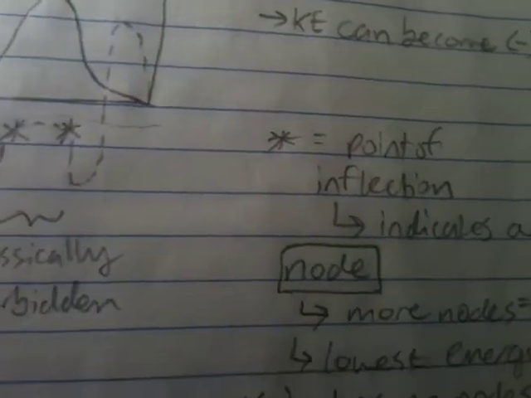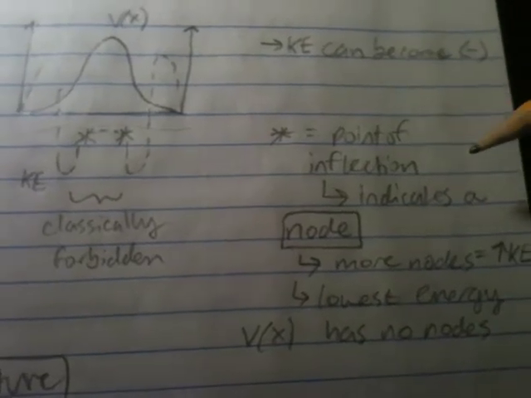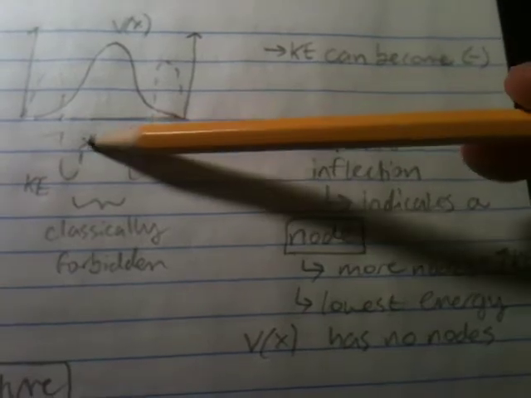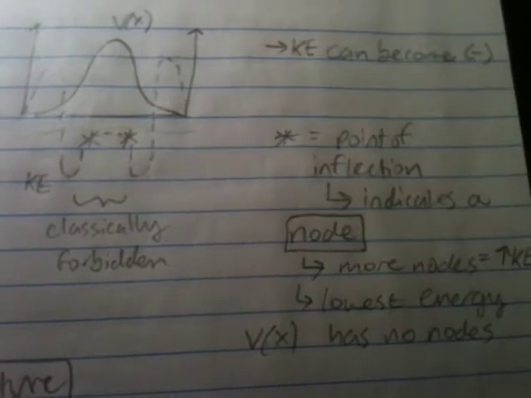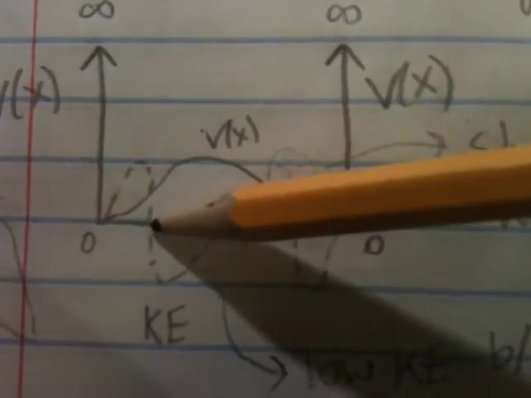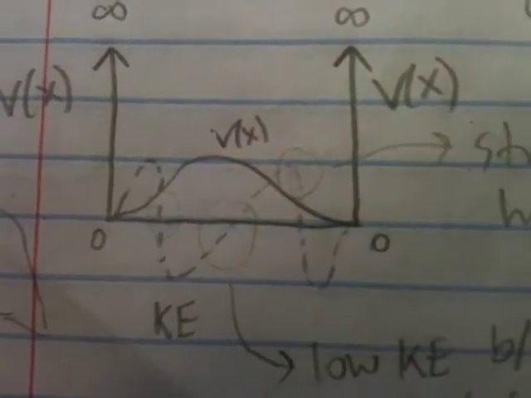What does that mean? It means that there is a point of inflection which indicates a node. These are the two nodes here. Now, usually a point of inflection, let's go back to this graph, usually a point of inflection occurred where the kinetic was crossing the x-axis.